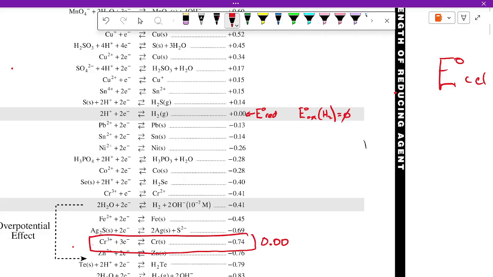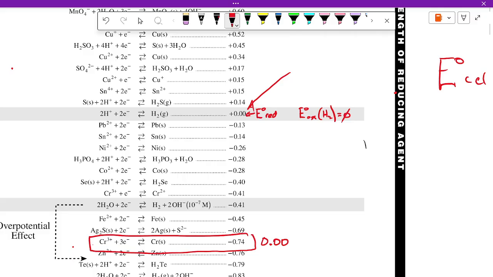Yes? So 0 is in different places, just depending on how human beings happen to set it. Yeah? This 0 volts here works just like that. We happened as human beings to say, let's make this hydrogen electrode 0 volts.